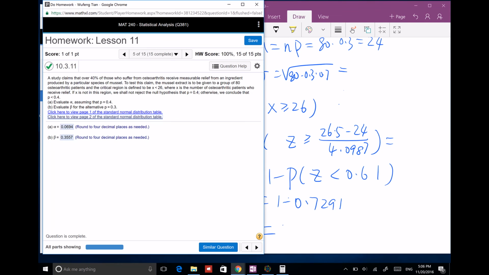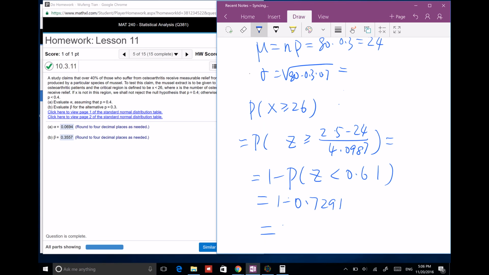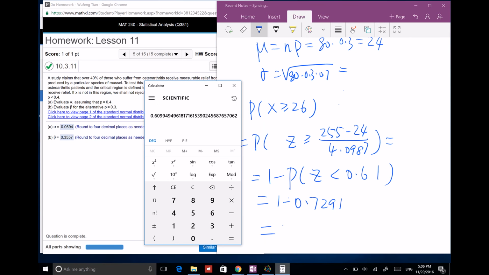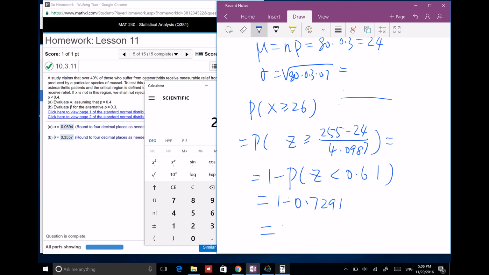Oh, I think it's 25.5. Let me double check it. 25.5 minus, because it starts from 26. Oh, I got it. So it starts from 26, but it's going to be the 0.5 before it. So 25.5. Oh, my bad.